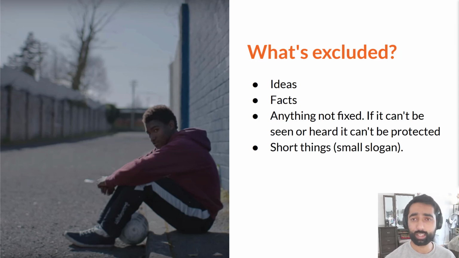But aside from that, you can't really copyright anything else. All right. And lastly, something small. Okay, so if you have something small like a slogan or something that's like 3 words, you can't really copyright it because it's really small and it's not really unique, it may be used in many other places.